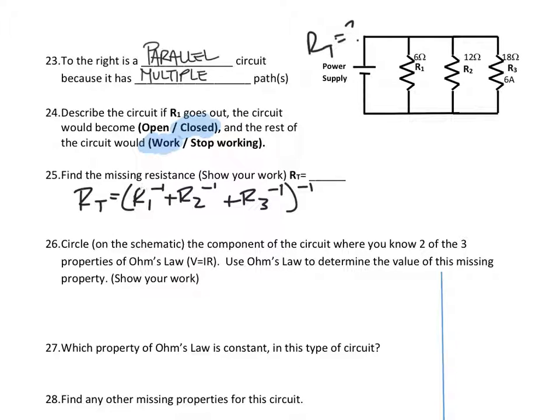So if we plug in some values for all of these R1s and 2s and 3s, I get the inverse of 6 plus the inverse of 12 plus the inverse of 18, all inversed one more time. When I type that into my calculator, I get a total resistance in this parallel circuit of 2 ohms.